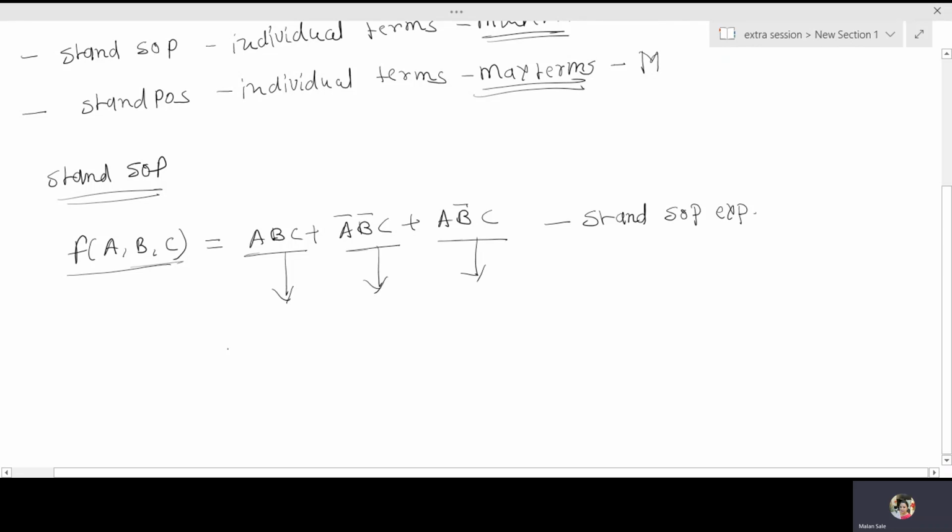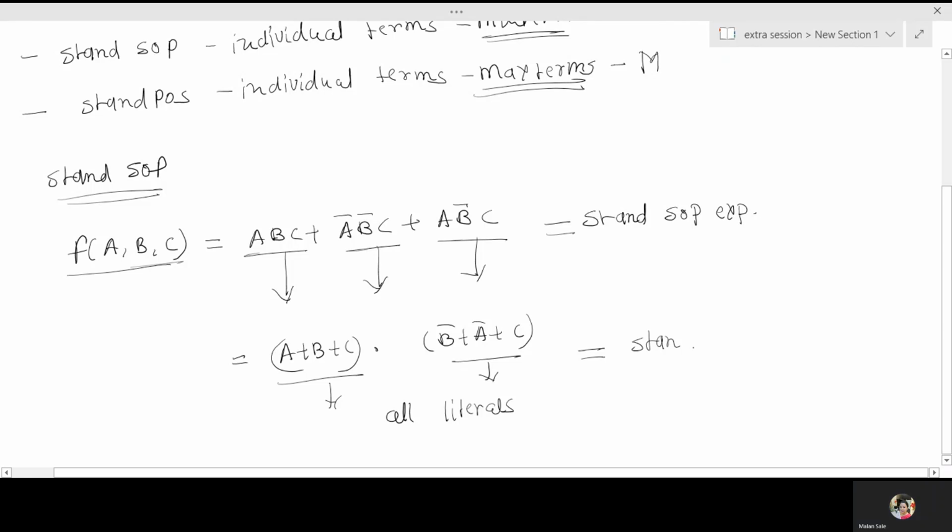Similarly, the POS expression A plus B plus C, B bar plus A bar plus C. Each sum term contains all the literals. So such type of expressions are in the standard, the canonical form.